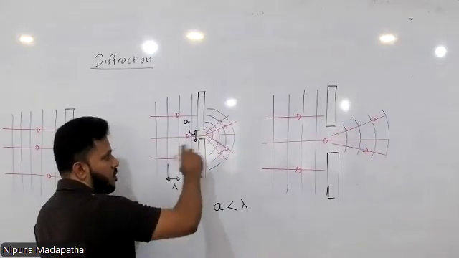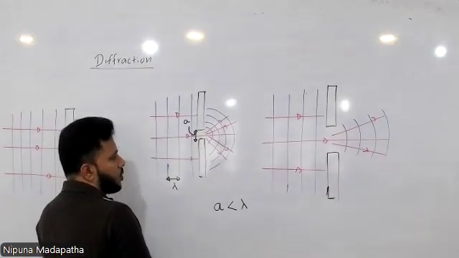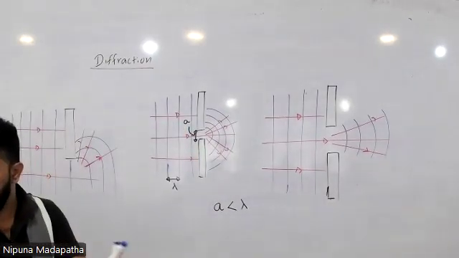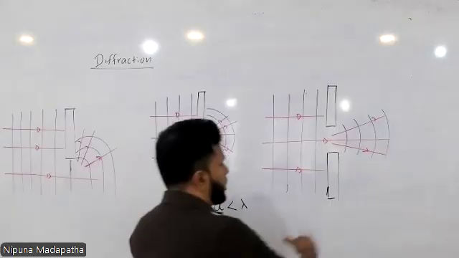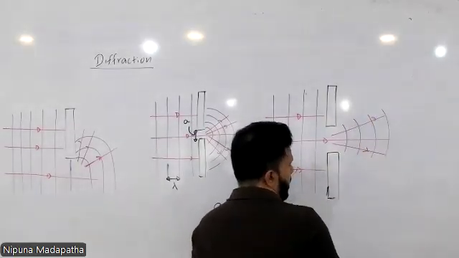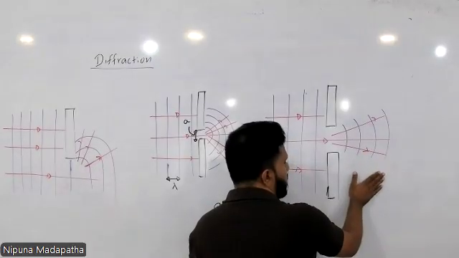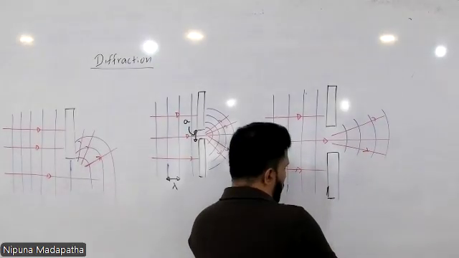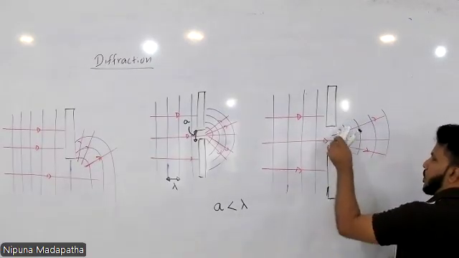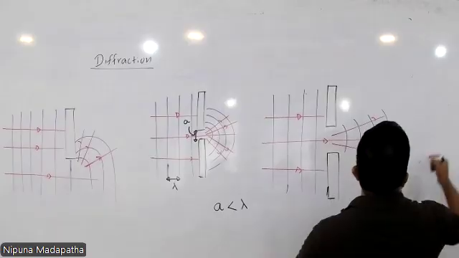Here the wave has spread out very well. Now in this case, the spreading is within a very narrow region, so the diffraction is not very good here. What happens when the gap between these two obstacles is very large?